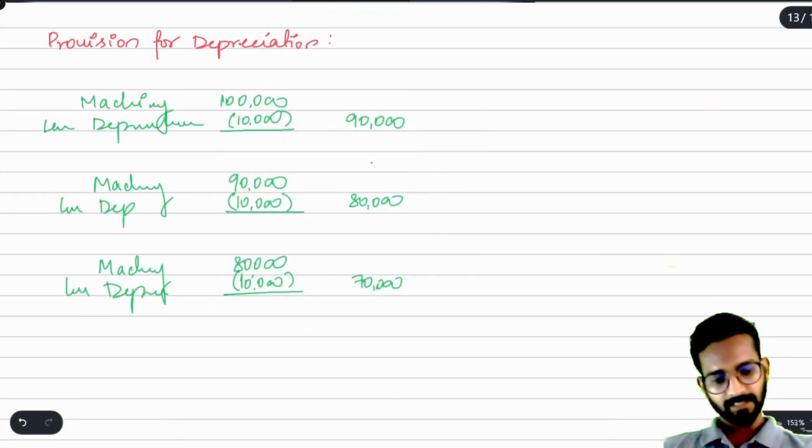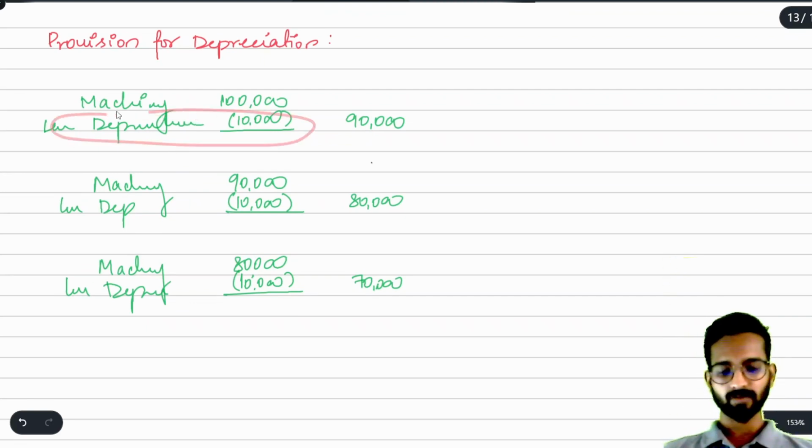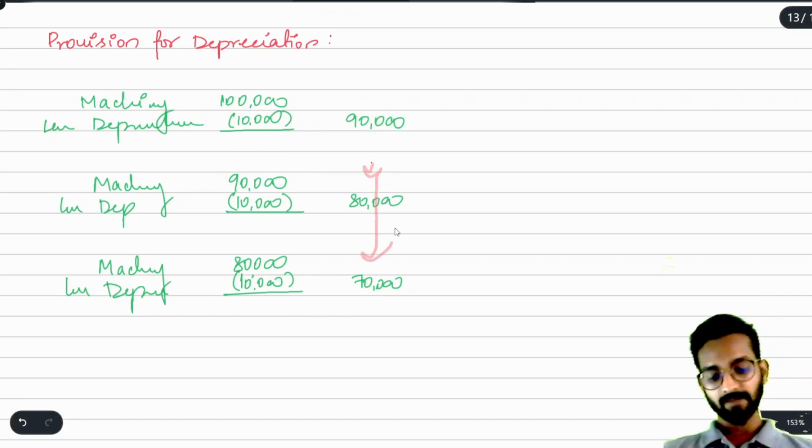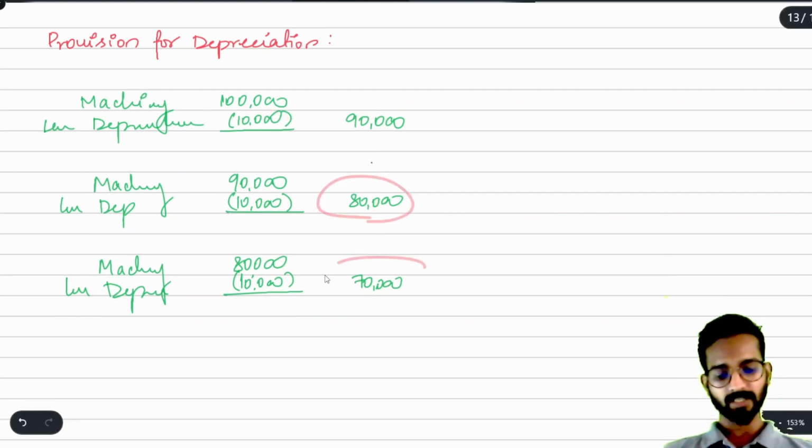See, in this method what we are doing is we are just charging depreciation every year directly to the machine account. So the machine account becomes from 1 to 90, 90 to 80 and 80 to 70,000. Okay, every year we charge depreciation directly in the machine account and the machine account balance is changing.